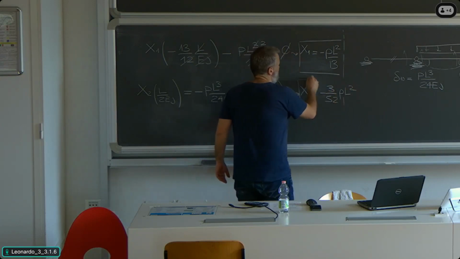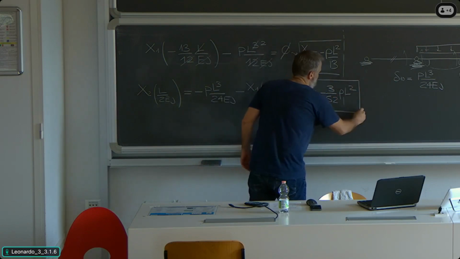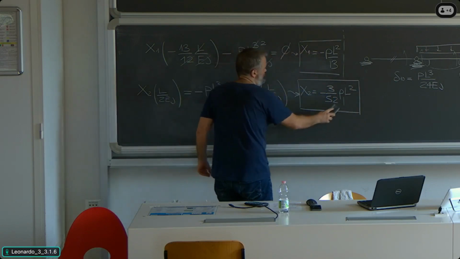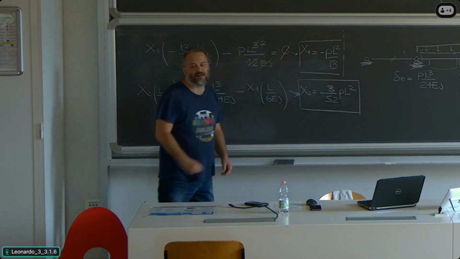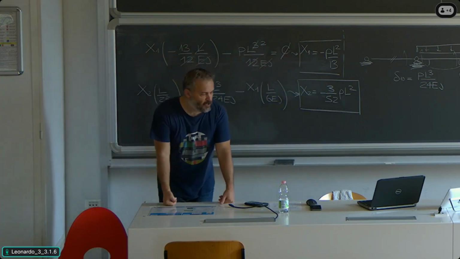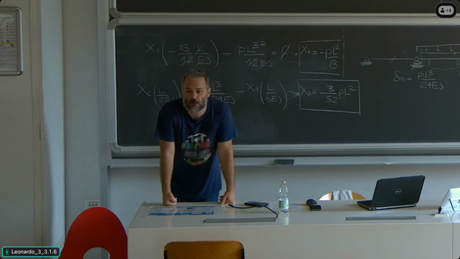Note please the dimensions. We start from rotations, and rotations are L to the power of 3 divided by the bending stiffness. We get to bending moments whose dimensions are PL squared.